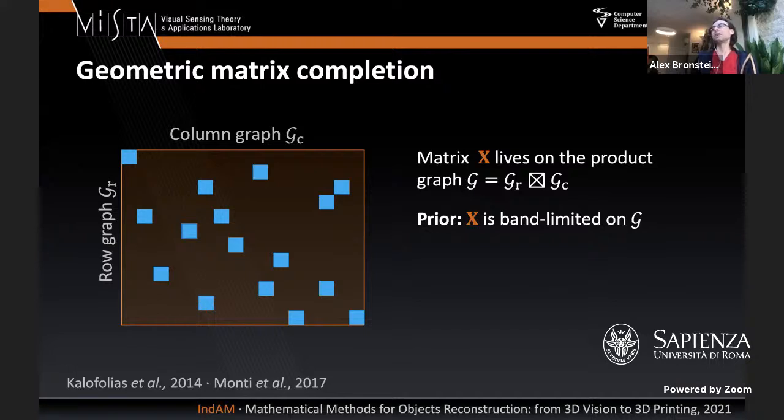So the eigenvalues decay fast. Okay, and I will assume for now that GR and GC are given, they are known. So these are indeed the graphs on which the matrix X has this nice band limitedness property, and I will abandon this assumption in a few minutes.